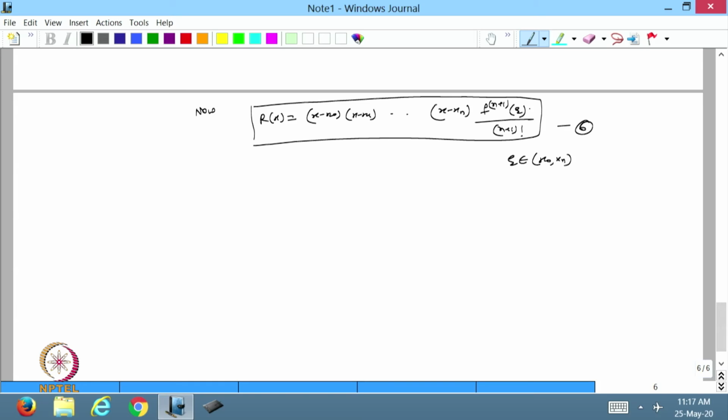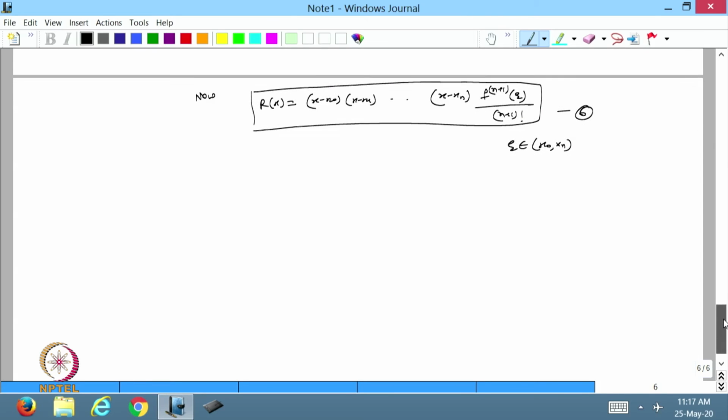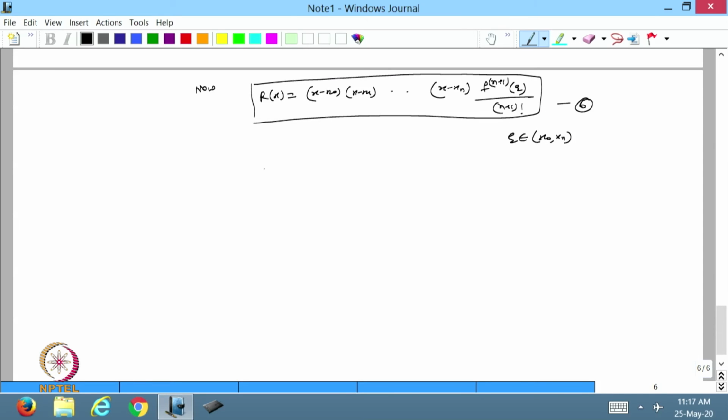In that case you can see that first of all I should know the value of the function and its (n+1)th derivative. Only then can I get this. From here I can also find the upper bound for the error R(x).